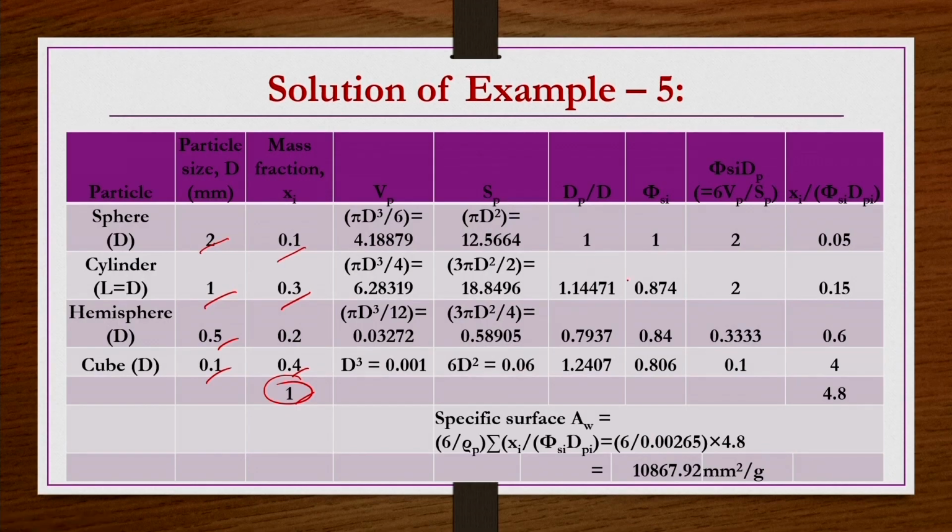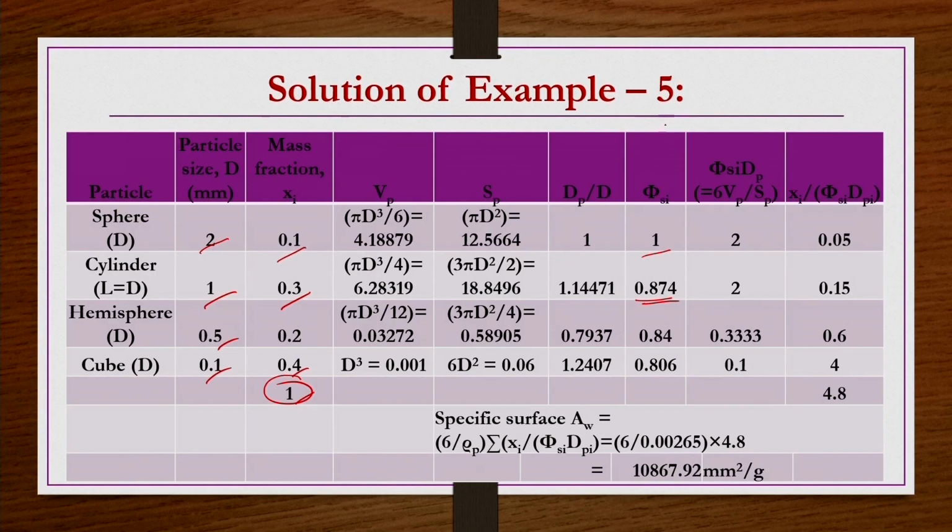So, d_p by d, if you do that, you will get here, and then phi_s, we already know that for the spherical particle it is 1. For the cylindrical particle, this particle diameter, if you equate the particle volume to the volume of a spherical particle whose diameter is d_p, then that d_p you can use in the sphericity definition. So, you get 0.874, this we have already calculated.